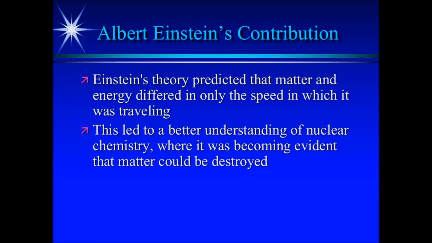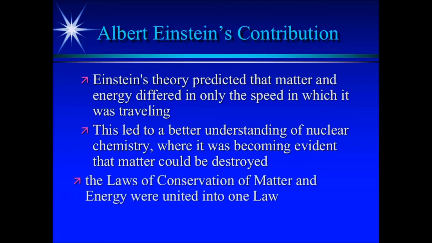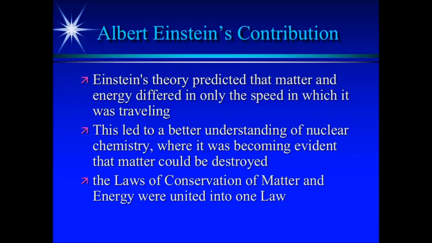And it's actually possible now to convert energy into matter. The laws of conservation of matter and energy became one thing in the 20th century. It is now considered the law of conservation of matter and energy, because they can convert from one to another.